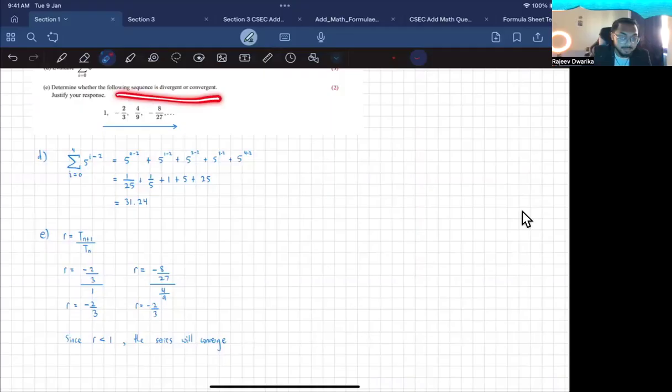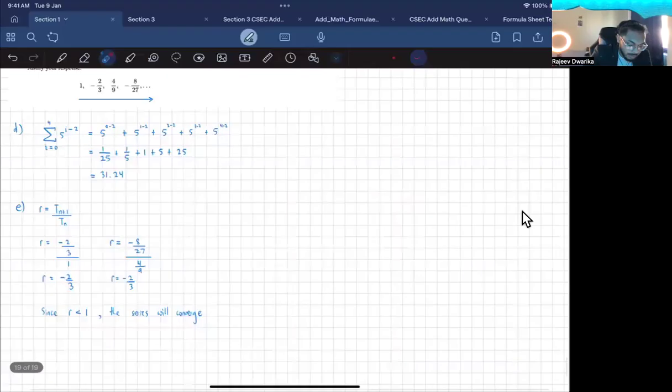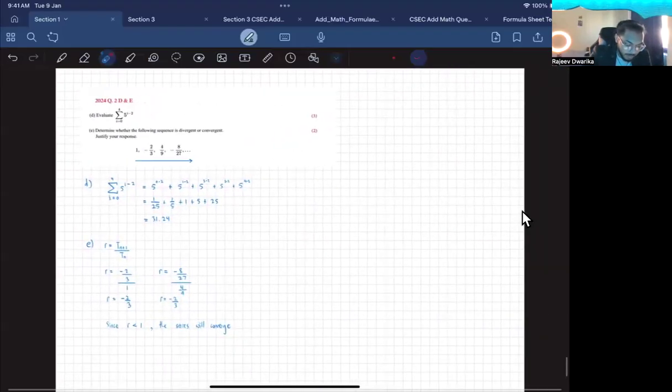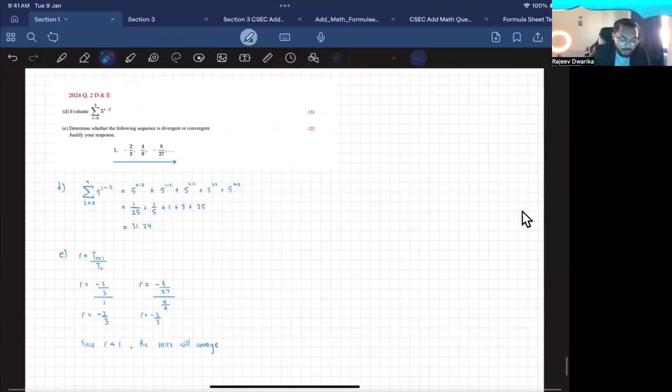Arithmetic progression can't. So anytime you see this kind of question, just know they're talking about a GP. And for a GP, you have to prove that the common ratio is less than 1, right? So I'm going to give everybody a 10-minute break, and we're going to start back with calculus.